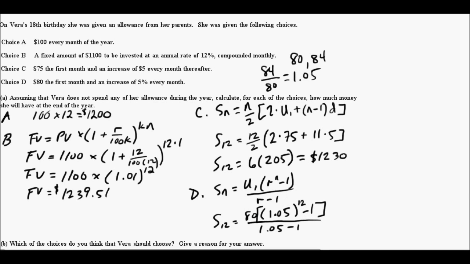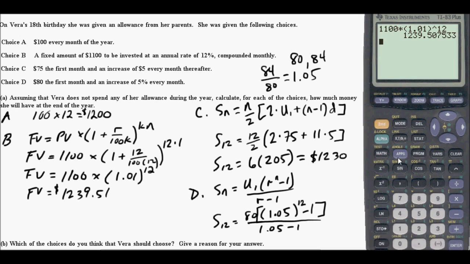Okay, so we'll break out the calculator here, and we'll clear it out, and we'll get 80 times 1.05 raised to the 12th power minus 1. And that's going to be some big number, probably 63.66. Okay, fine.